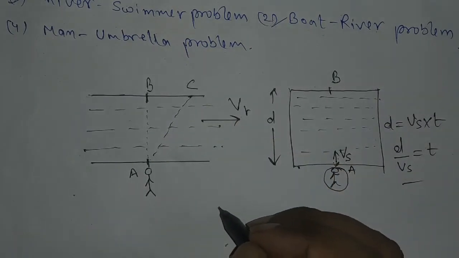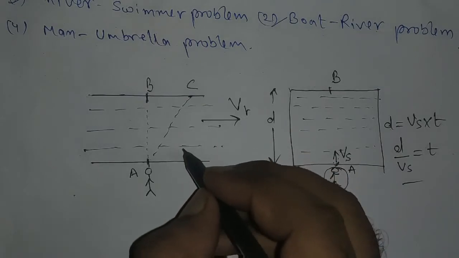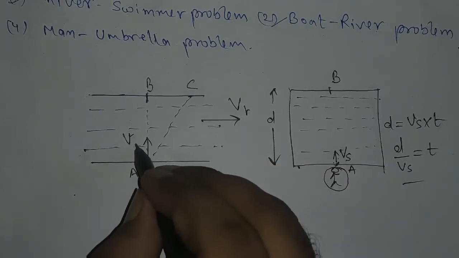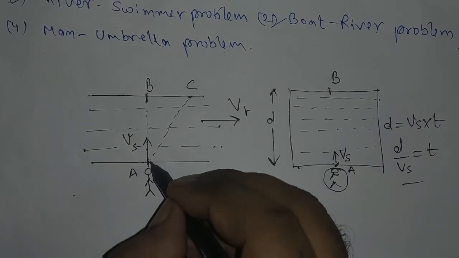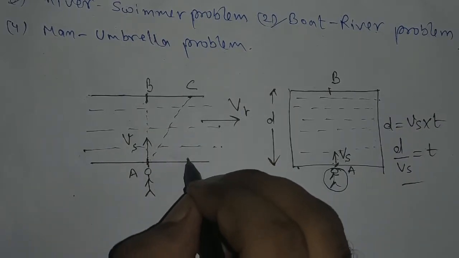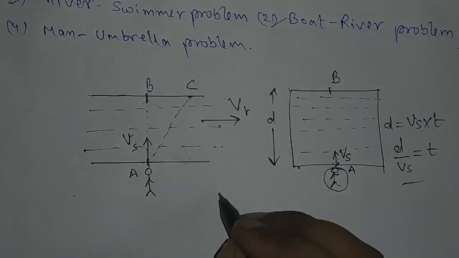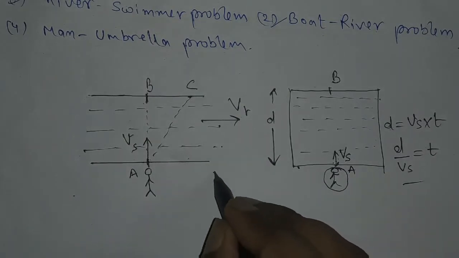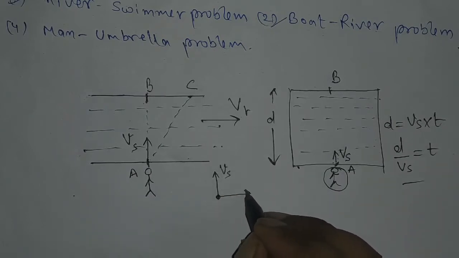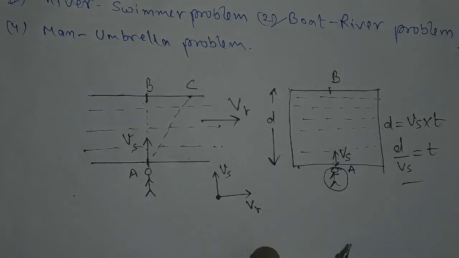So here, students, this is the velocity of the swimmer, Vs. The velocity of the swimmer is in the vertical direction and the velocity of the river is in the horizontal direction. So I want to make the free body diagram of this person. This is the velocity of the swimmer and this is the velocity of the river. Simultaneously, students, two velocities are acting on the swimmer.